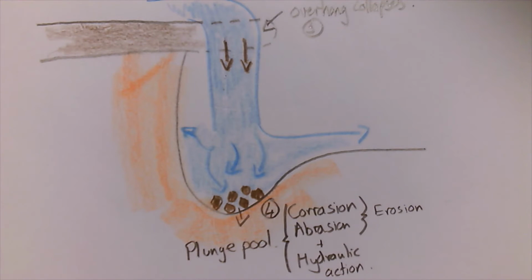Good. What other form of erosion is also helping to increase the rate of erosion? Mikhail? Yes, hydraulic action. And what is that? Good. It's the force of the water acting to weaken the rock. Well done.